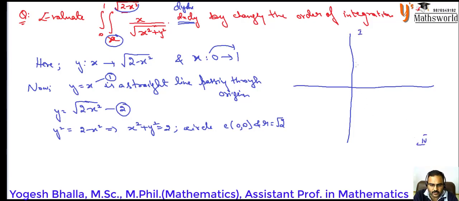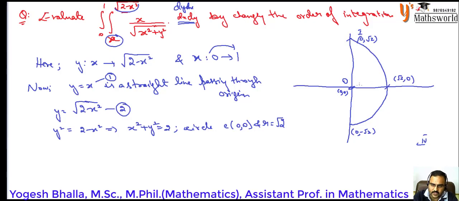Okay, and for this case, let the semicircle be like this. Since the radius is root 2, this value will be, x is 0, y will be minus root 2, and this value will be 0 and root 2 positive. Here we get root 2 and 0. These are the radii of the circle, and O will be 0, 0.